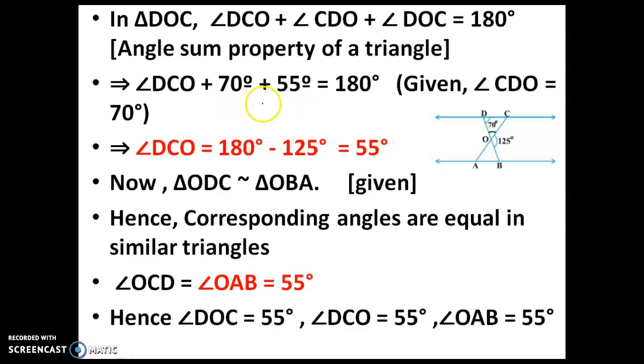These two angles are 70 and 55, and this is unknown. So the sum of these you have to subtract from 180, and you get 55 as this angle. So this angle is found to be 55, and this angle is also 55.